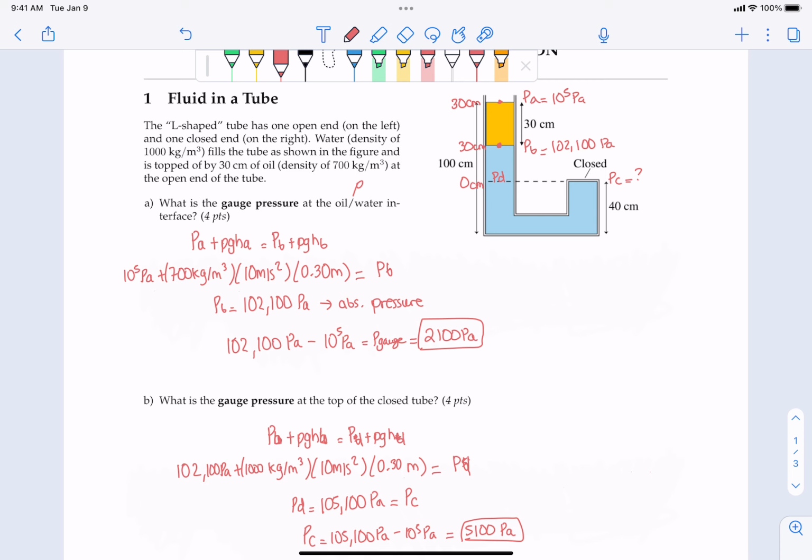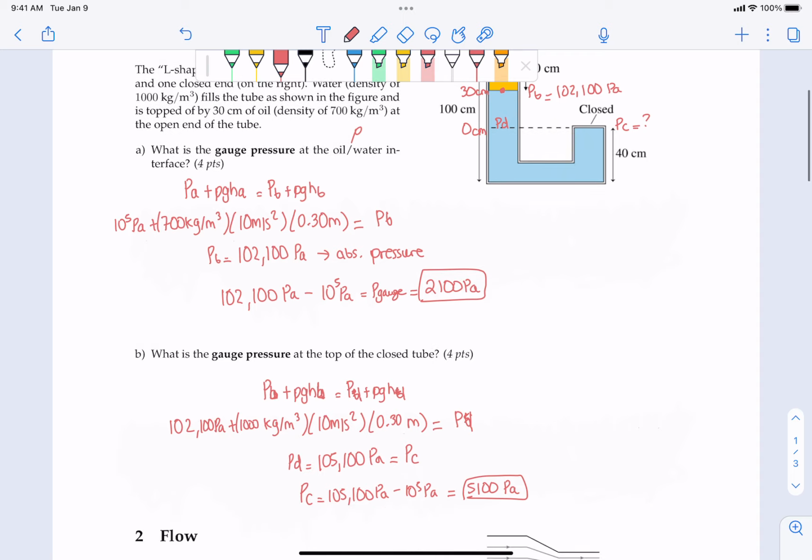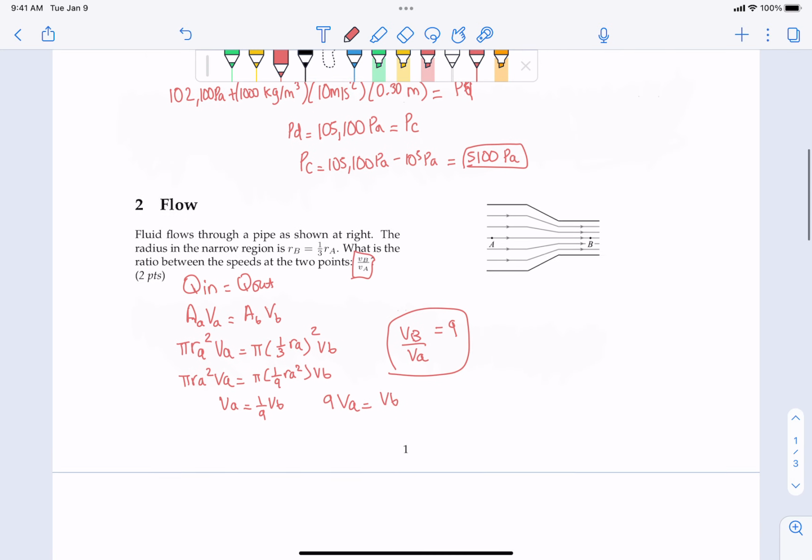I feel like this was a lot of plug and chug. It was, I mean, once you figured out what points you wanted to use, it was a cakewalk. Do you guys agree? Or maybe I'm just biased, I don't know. At least I hope I made it easier to follow along with all this stuff.